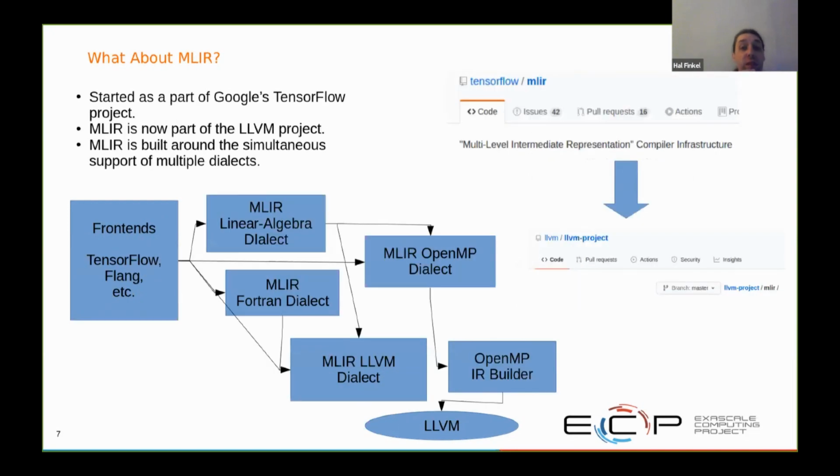Another really interesting recent addition to the LLVM project is MLIR. MLIR is the multi-level intermediate representation that was originally created as part of Google's TensorFlow project. And again, it's now in the LLVM repository.